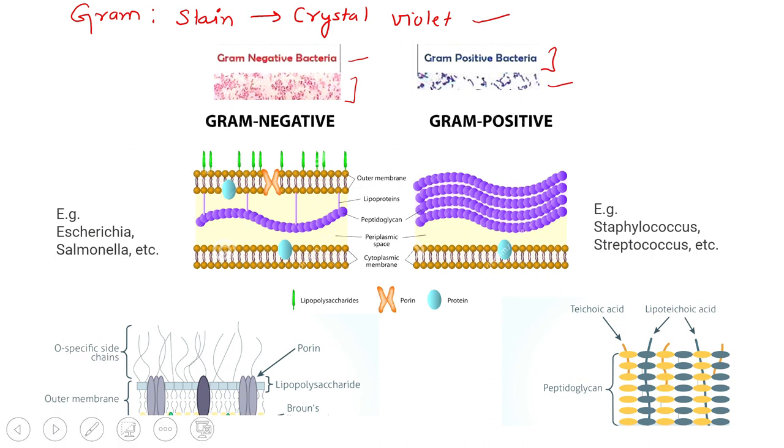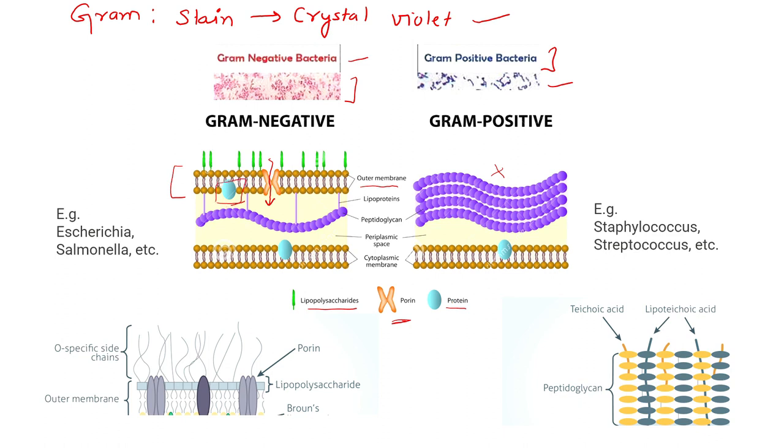In gram-negative bacteria, you can see there is an outer membrane present, and this outer membrane is absent in gram-positive bacteria. This outer membrane is made up of lipopolysaccharide, and in this lipopolysaccharide there is a channel called porin, and some embedded proteins are also present in this outer membrane.